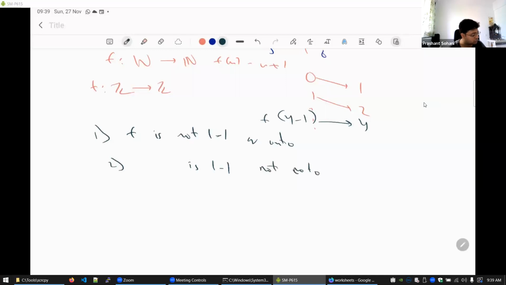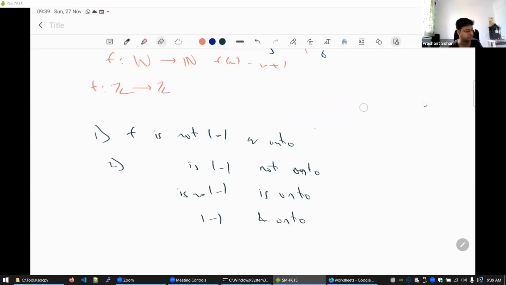Then a function which is not 1 to 1 but is onto, and finally a function which is both 1 to 1 and onto. Let us try to come up with one example of each. You can choose any domain and codomain you want, it doesn't matter. I'll give you a few minutes to think about this.